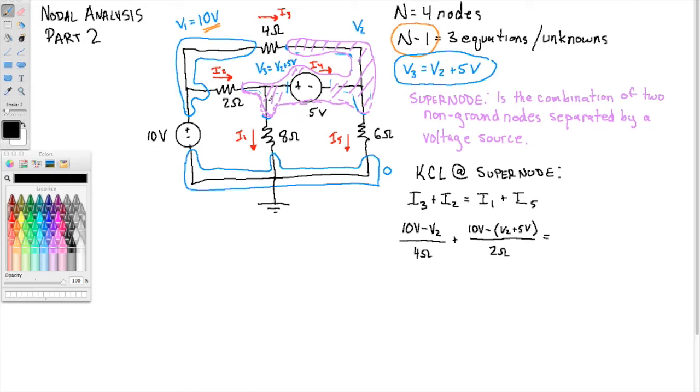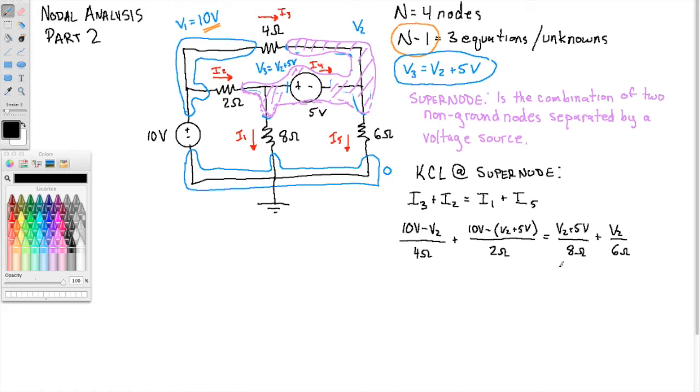So I1 is V2 plus 5 volts minus 0 over 8 ohms, plus I5, which is V2 minus 0 over 6 ohms. So there is my KCL equation at the supernode, and I've circumvented this problem of writing an equation for I4.